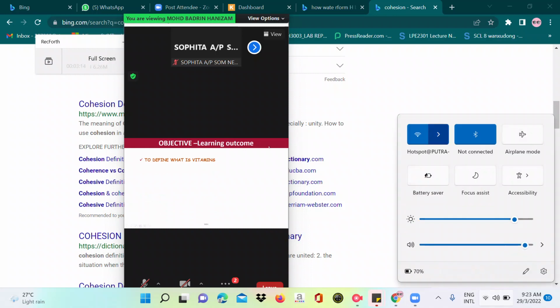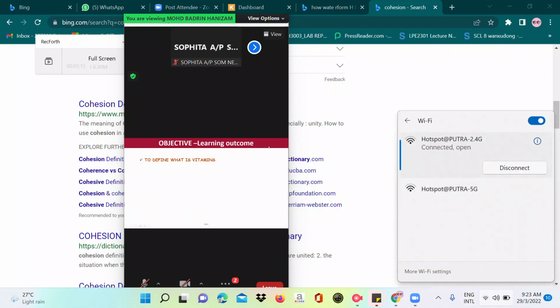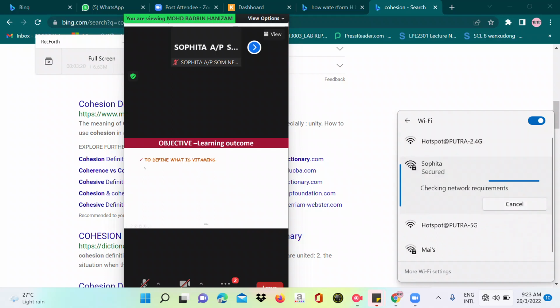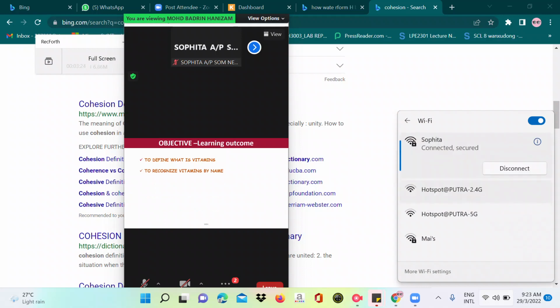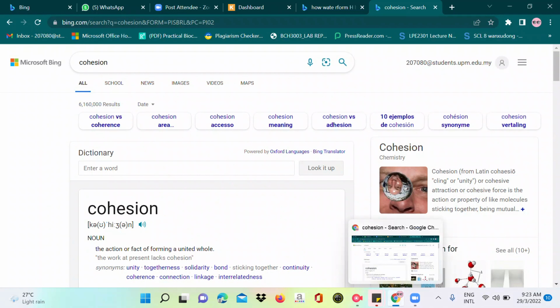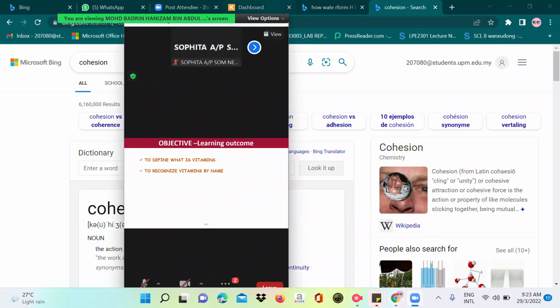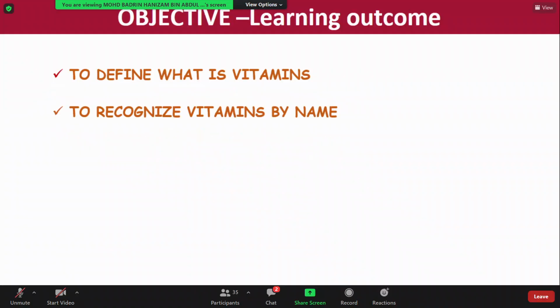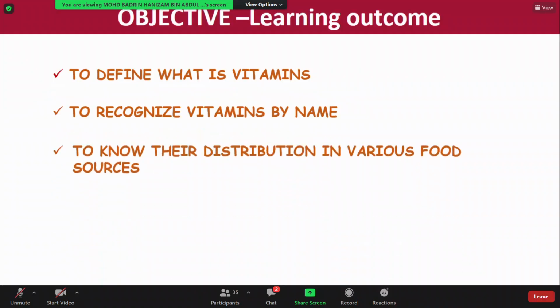So at the end of this lecture, all of you should already have a very good knowledge of vitamins and the names of the vitamins. You should be able to know the distribution in various food sources.